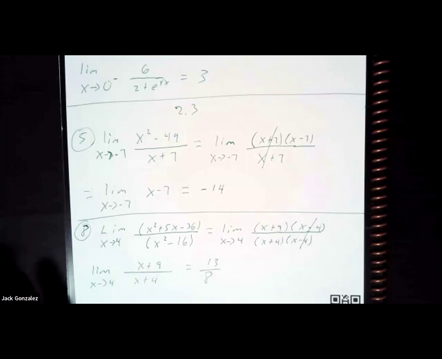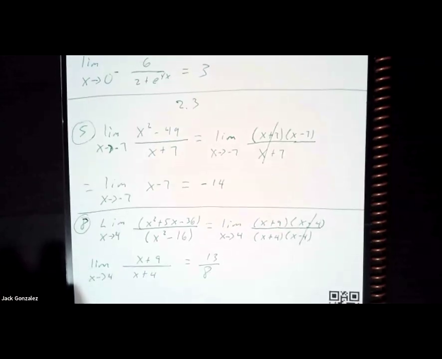So first thing we did in 2.3 is just plug in the numbers, see what happens. The next thing we did was use factoring techniques in algebra to allow you to plug in the number and see what happens. Now this next technique is different.